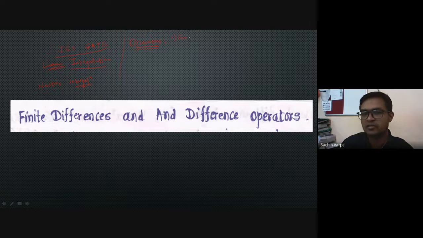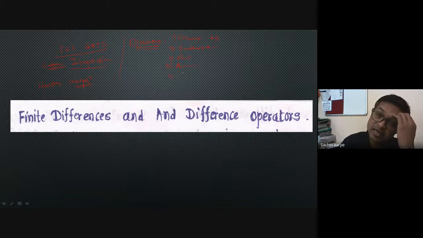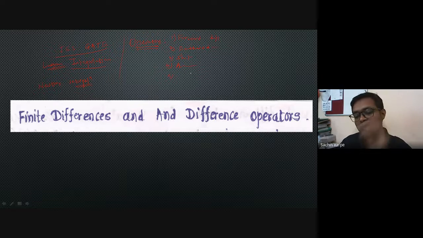You might have heard about these operators, and even used them. Then the backward difference operator. Then third is the shift operator, fourth is the average operator, and fifth is the central difference operator. So these are 5 to 6 operators, and then we are going to discuss the relations between them.